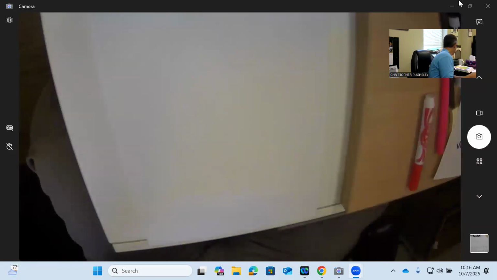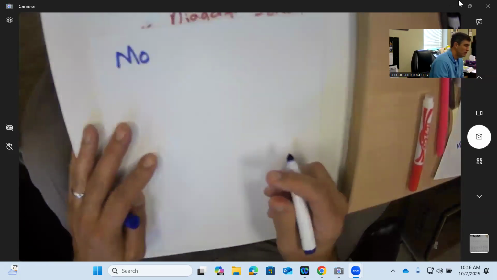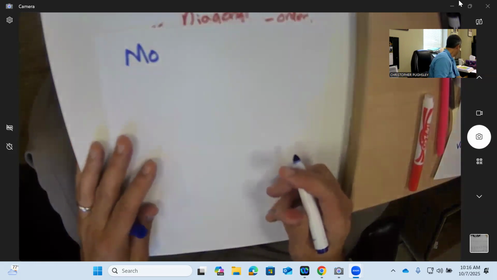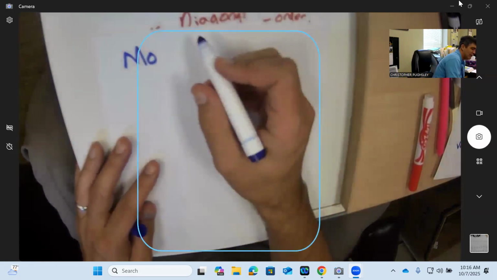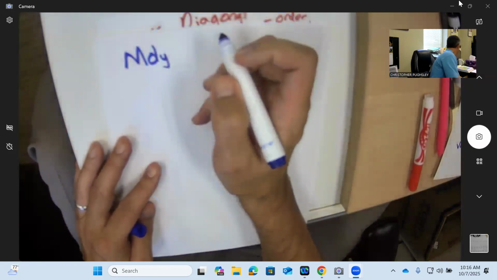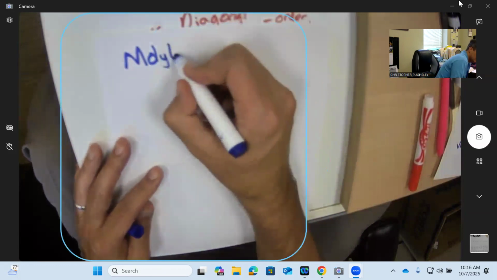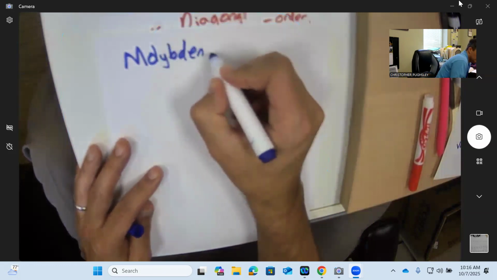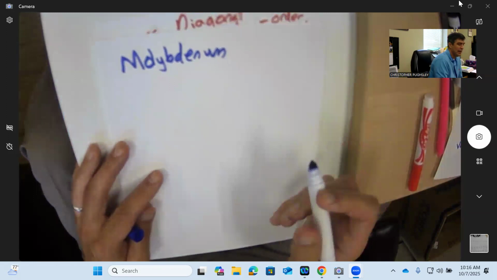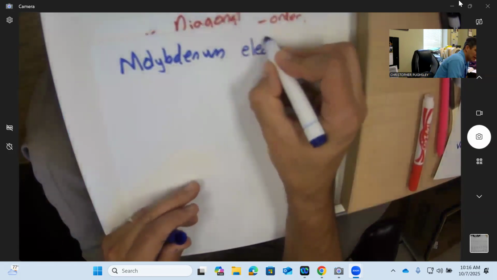It's going to be Mo. All right, we're doing Mo, and you're going to do that one right here. I want you to do the electron configuration. Let me spell it right. M-O-L-Y-B-D-E-N-U-M. All right, and we want to do its electron configuration.